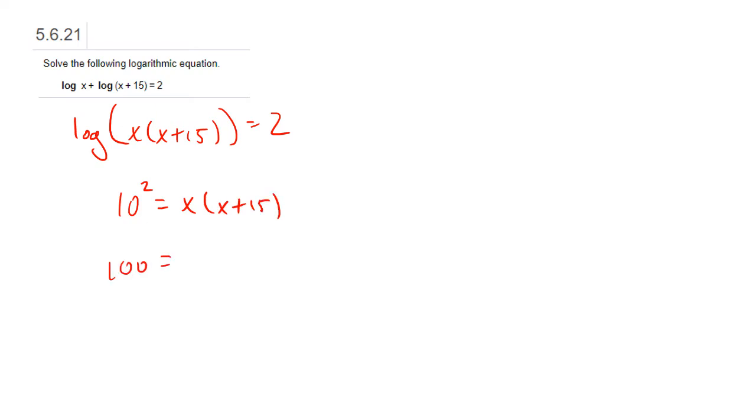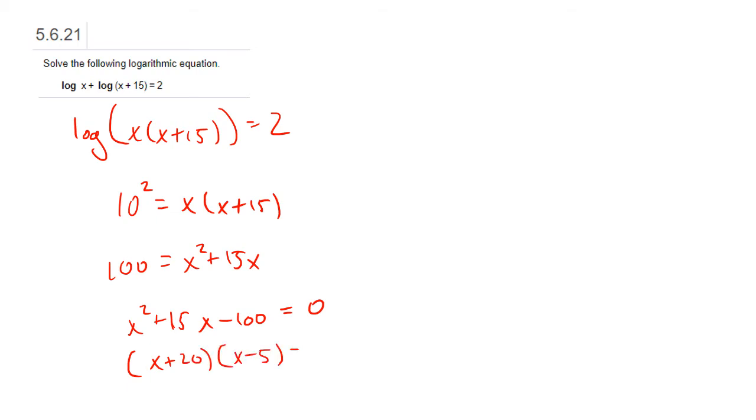So 100 is equal to x squared plus 15x, or x squared plus 15x minus 100 is equal to 0. This factors as x plus 20 times x minus 5 equals 0, which suggests there are two solutions, x equals -20 and x equals 5.